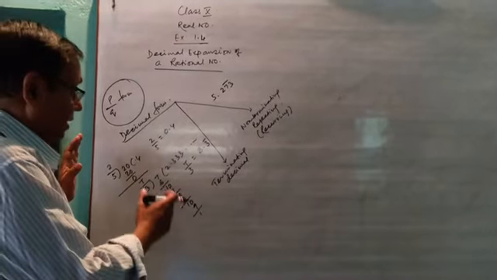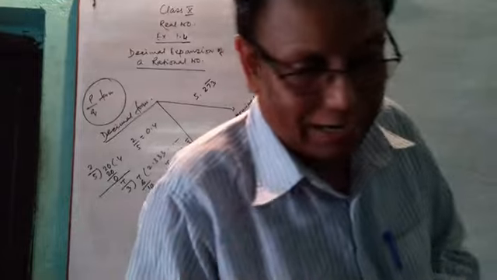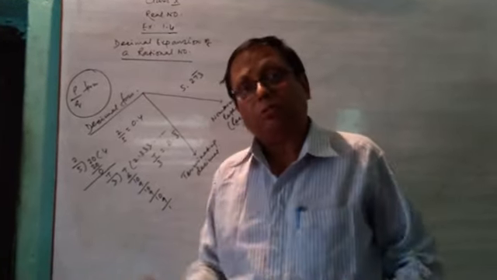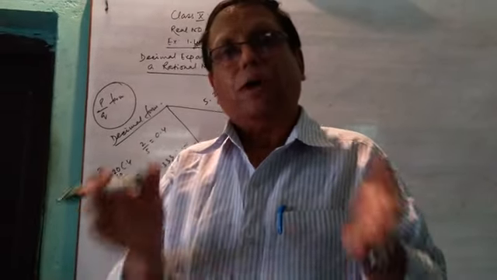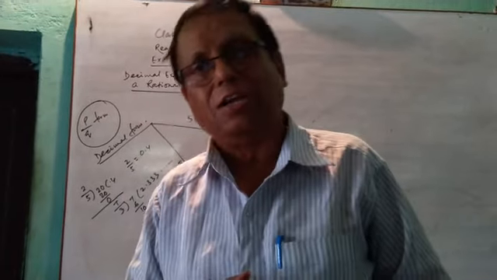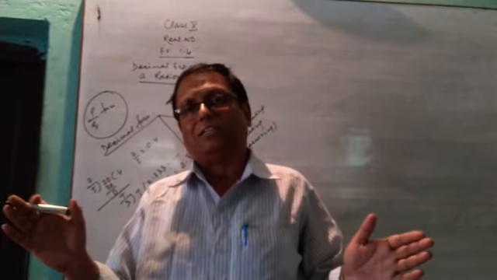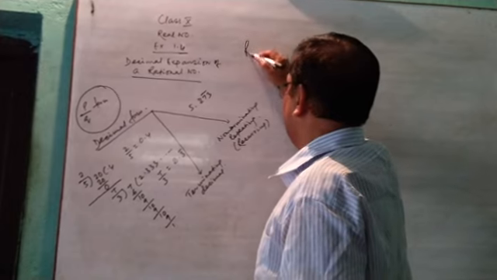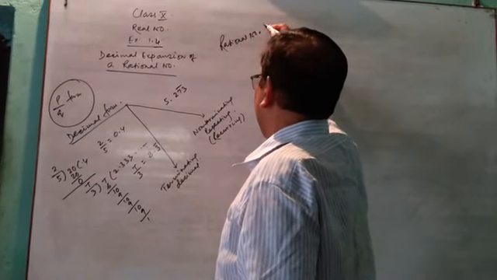But in order to find out whether a given rational number has a terminating or non-terminating decimal, we can also say without actual division. For this, we take the help of the prime factorization of the denominator of the rational number. Say our rational number is p by q.